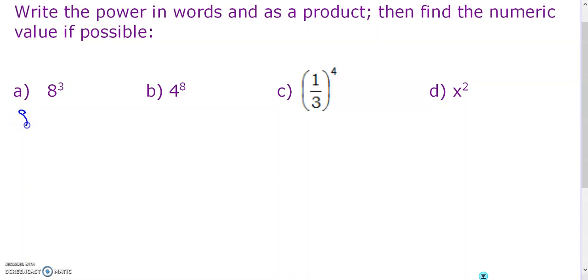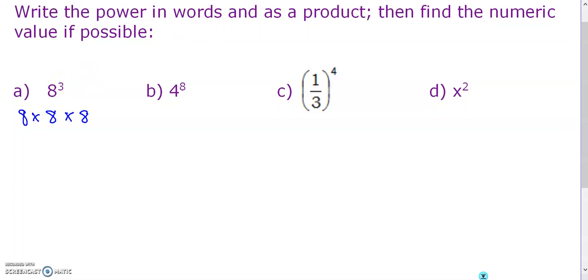And you might write it as 8 times 8 times 8. And then I would have to go ahead and do that math. 8 times 8 is 64, and times 8 again. Okay, so that's how we find the numeric value. If possible, we would find that numeric value only if we had a known base and known exponent.